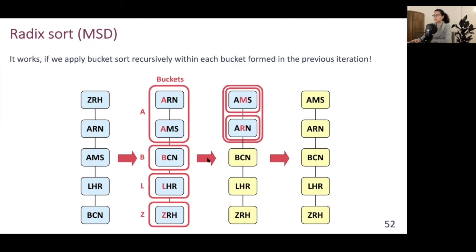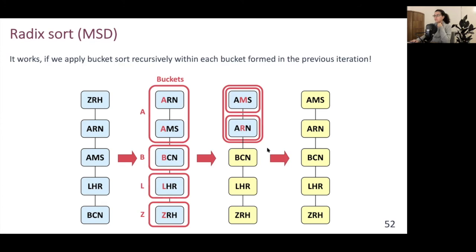Here we don't need to do anything for the other buckets since they only contain one element and so they are sorted by definition. So if we apply bucket sort in this way, we can definitely sort by starting with the most significant digit and ending at the least significant digit.